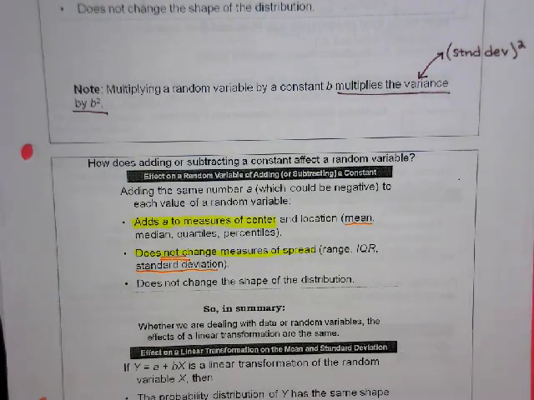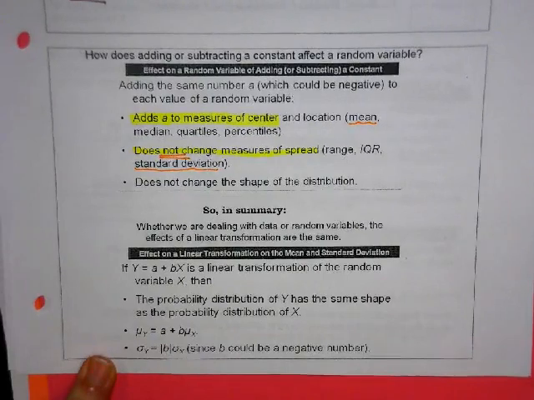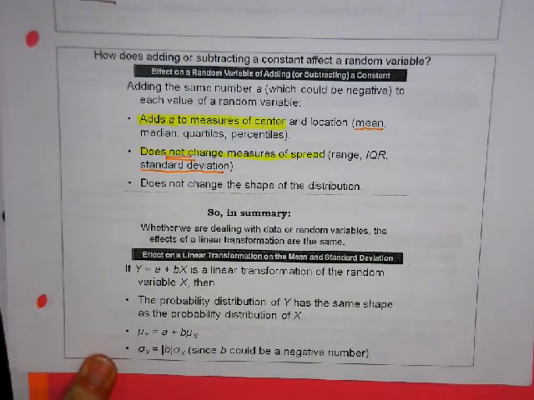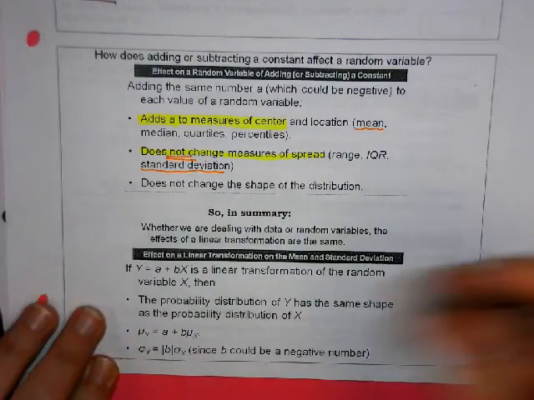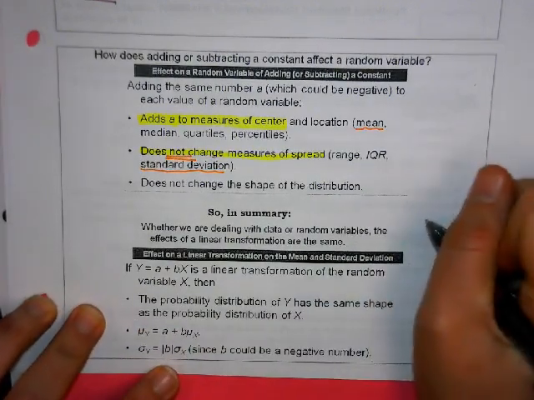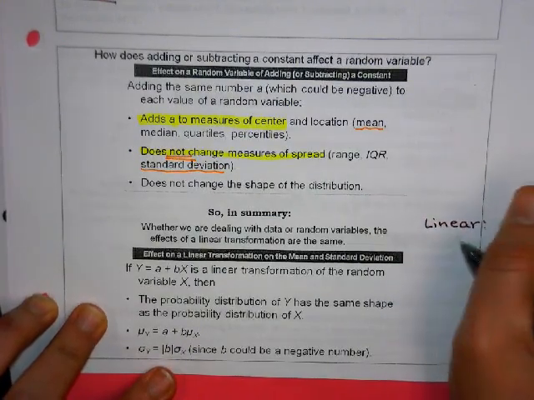So we're going to use this idea to do some linear transformations of random variables. Linear, what's the most common form of an equation for a line? y equals mx plus b, right? So that's our general form of a line. If we were back in algebra, we'd say, oh, this is linear, y equals mx plus b.